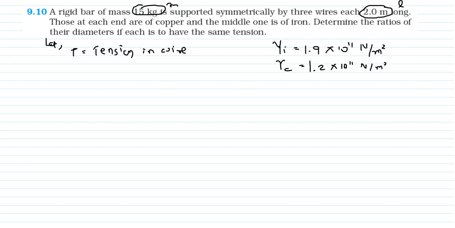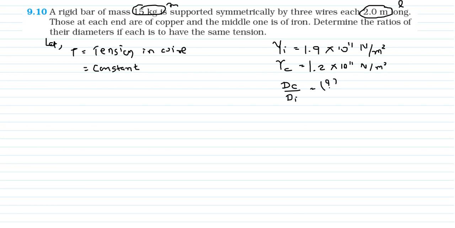Okay, you want to find out the ratio of the diameter of the copper to iron that you want to calculate. Okay, now tension remains the same. Tension in the wire remains constant.